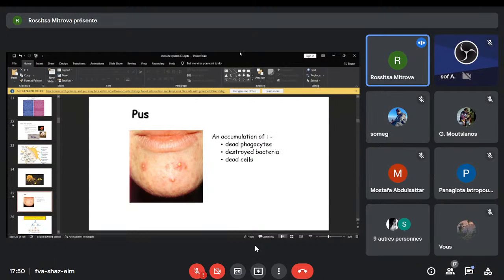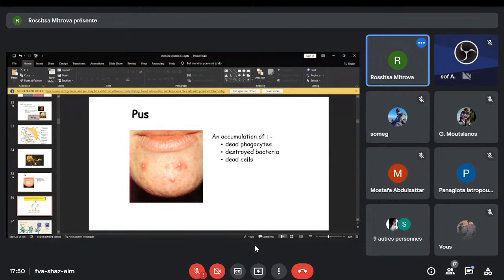And remember that pus is always an accumulation of dead phagocytes, destroyed bacteria, and dead cells. You can have this process all over the organism after a real struggle between invaders and our defense immune system.